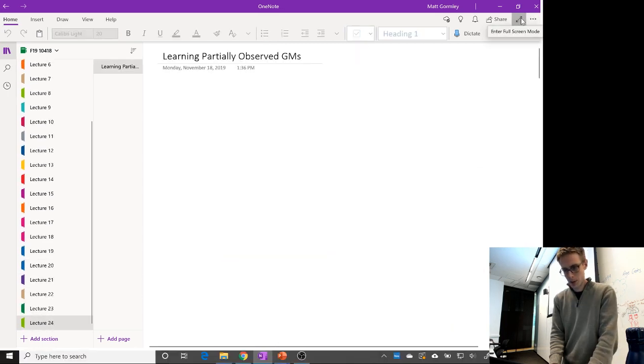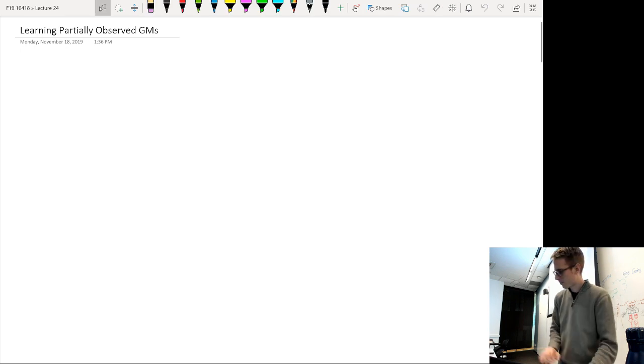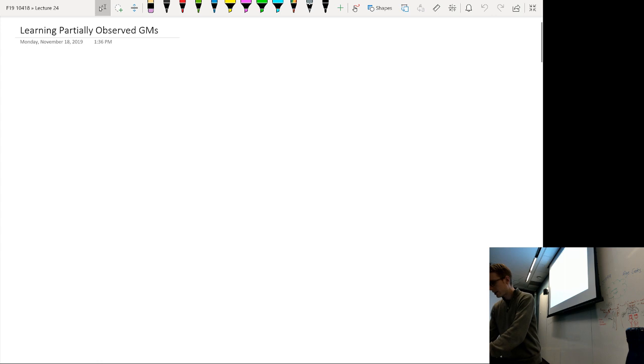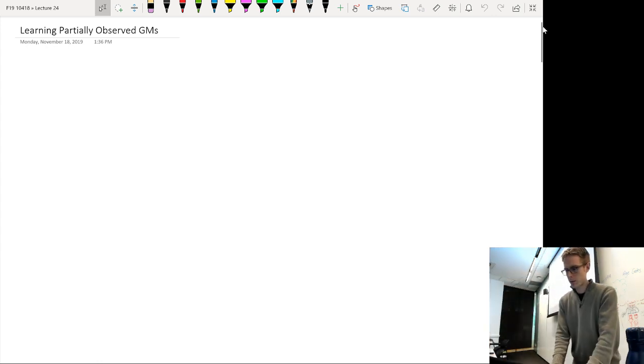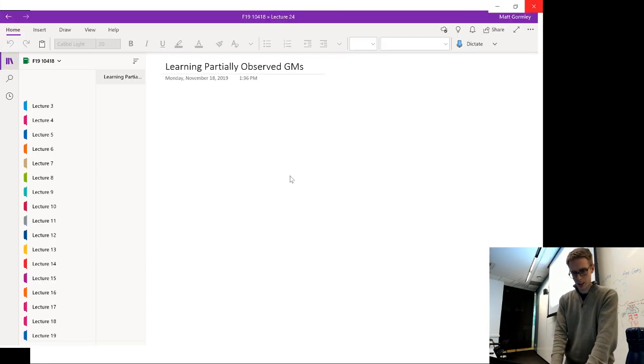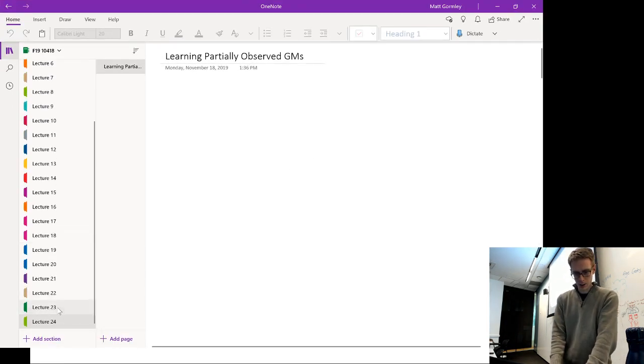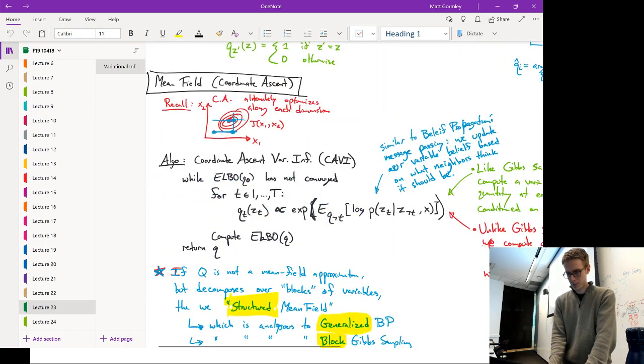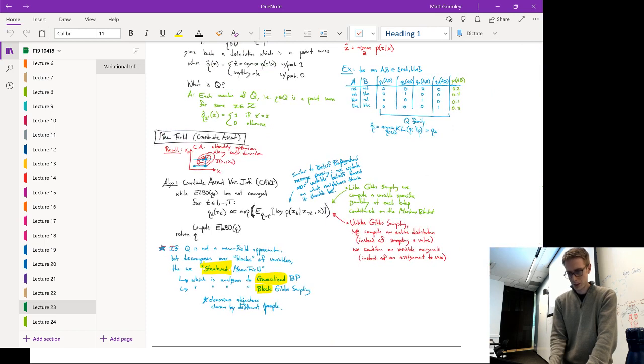So let's pick up there. Okay. So the whole idea of coordinate ascent variational inference is that, and maybe we'll go ahead and grab the algorithm summary from last time so that we can recollect what it is we were talking about here.